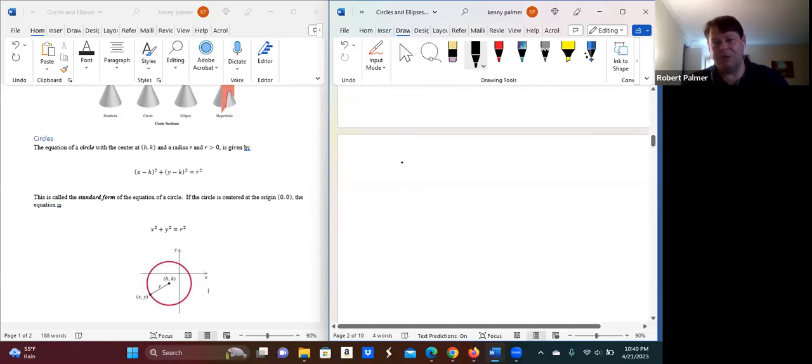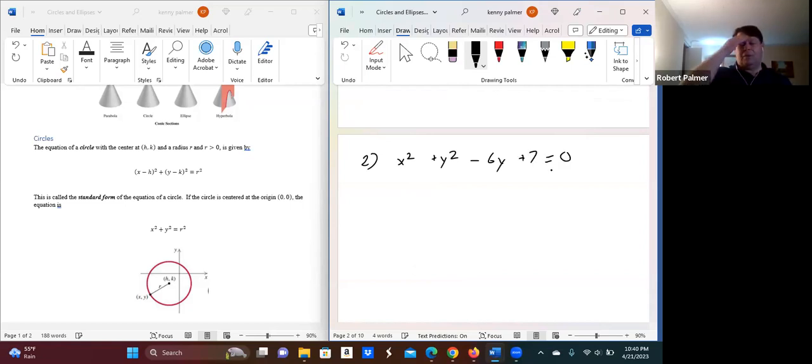Let's start on the second page. Number 2, let's say we have x squared plus y squared minus 6y plus 7 is equal to 0. Now, in a similar way, first we want to put our constant on the other side. So subtract 7 from both sides.